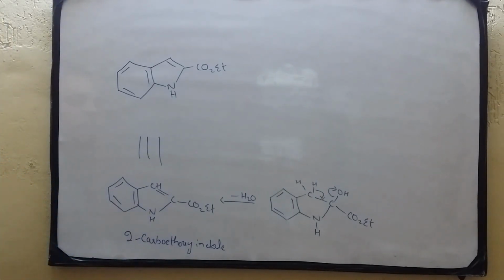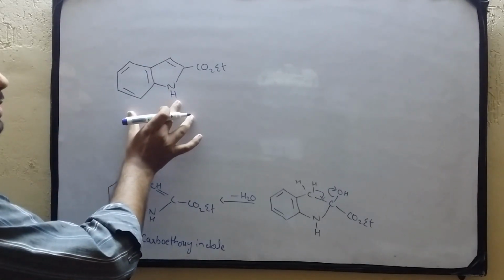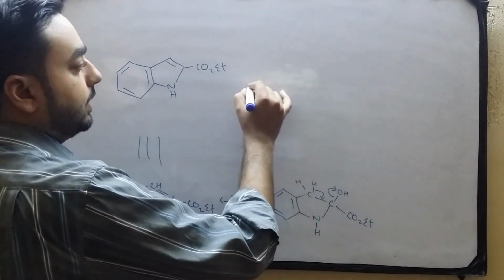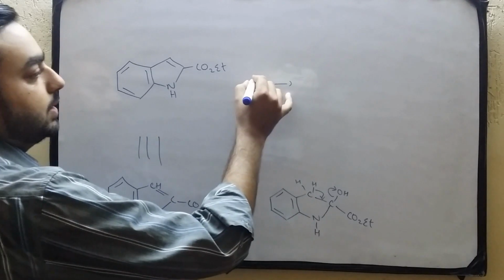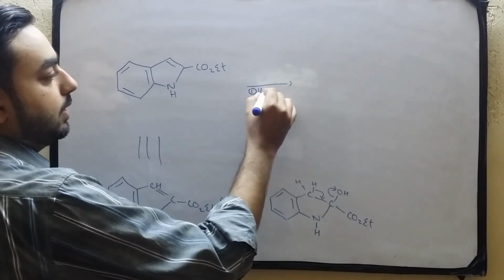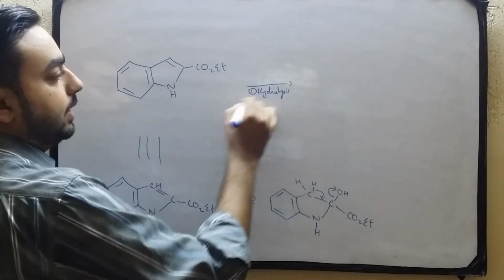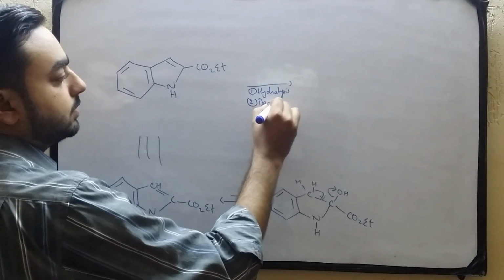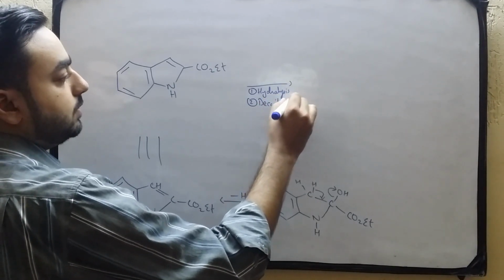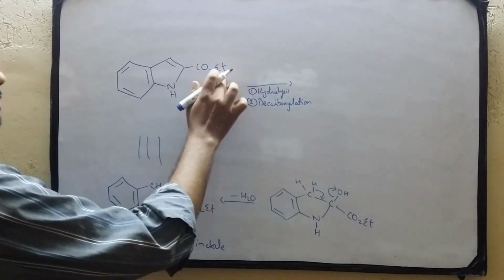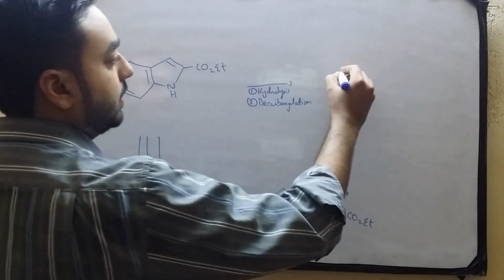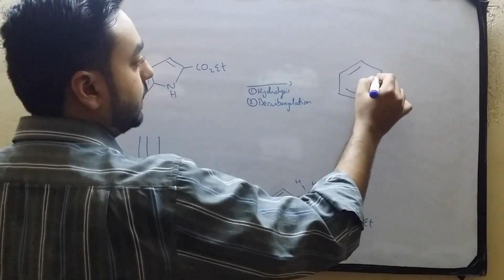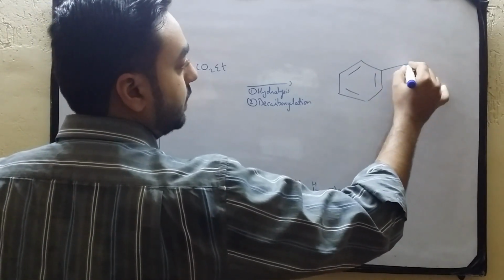Now if you want to get only indole without any substituent, then you can do hydrolysis. In the first step, hydrolysis, and in the second step you will do decarboxylation. So this CO2 ethyl will be removed and only indole will be formed as a major product, in this form.